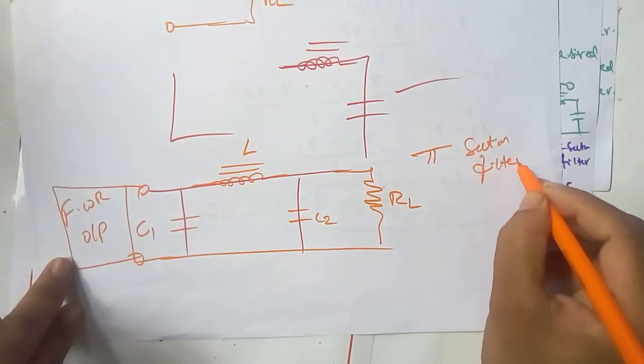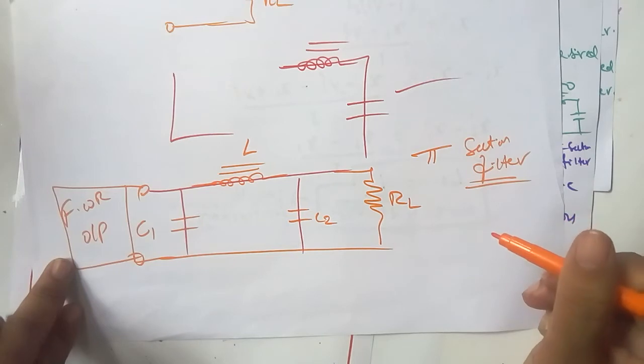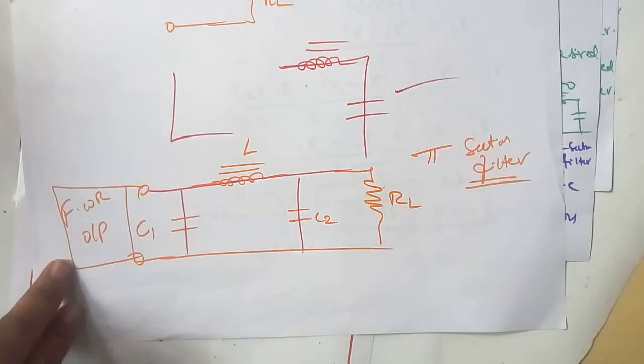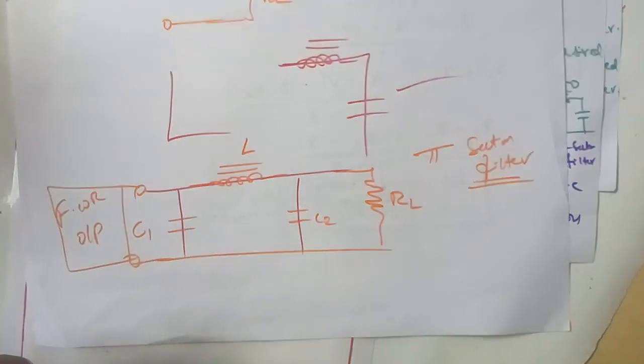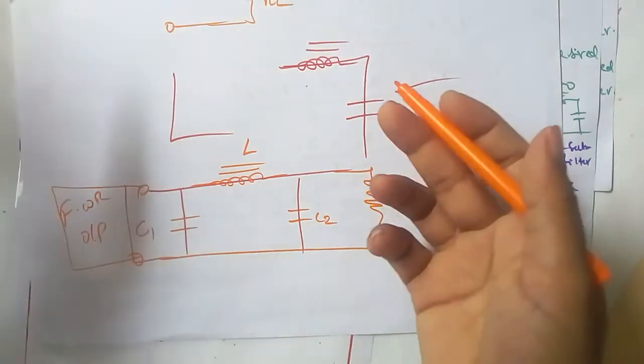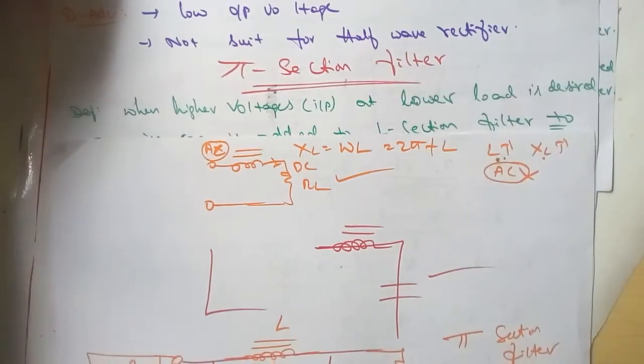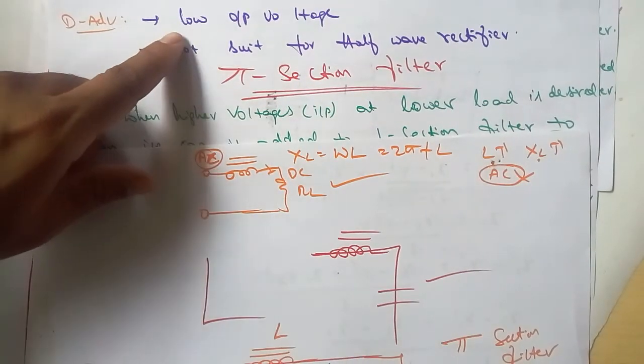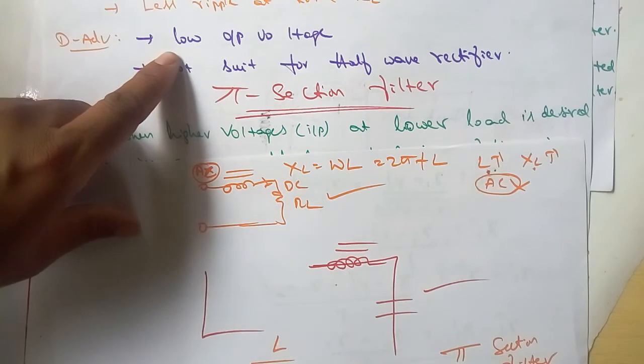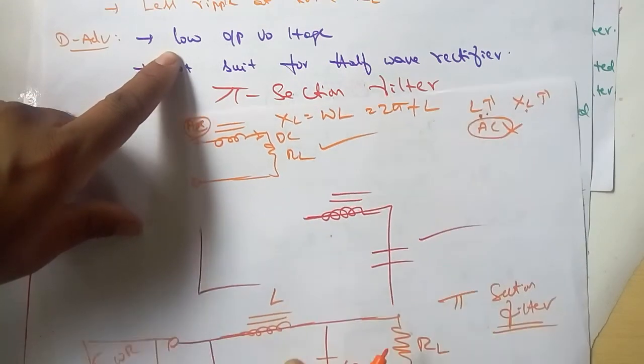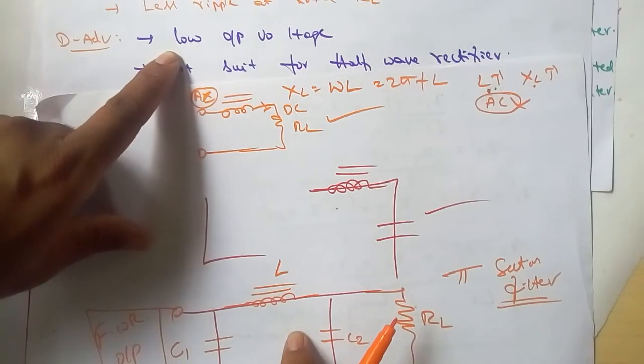Easy. Why is it called pi section? Because the capacitor filter and inductor filter are in the form of pi, hence it is called the pi section filter, right? For what purpose are we using this one? See here, the disadvantages within the L section filter: it gives low output voltage, but this gives high output voltage, right?